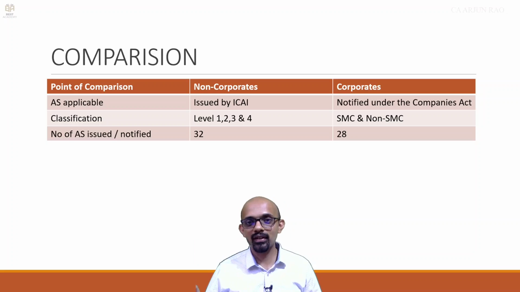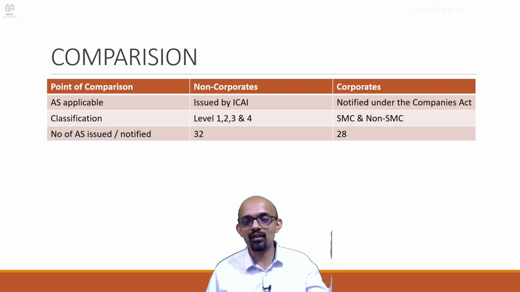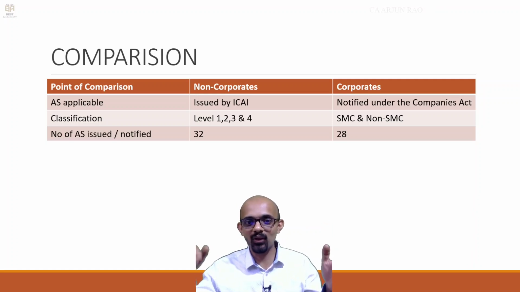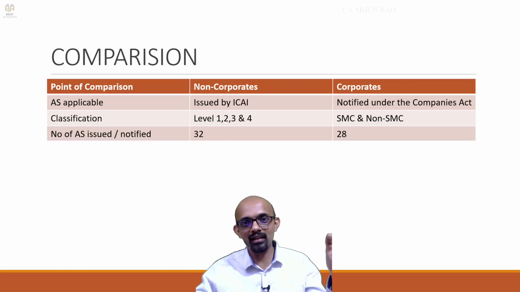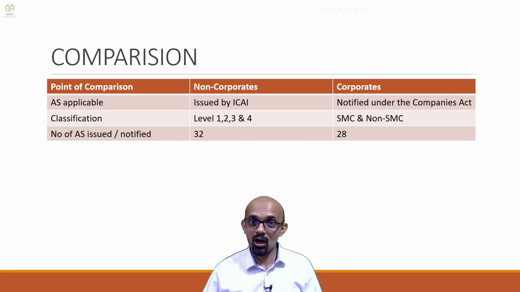Post 2006 also some standards were withdrawn. But from the first standard in 1977 till today, how many standards were issued in total? That number is 32. From the first standard till today, 32 were issued by ICAI. Of this 32, not all are effective, some were withdrawn at various points in time.